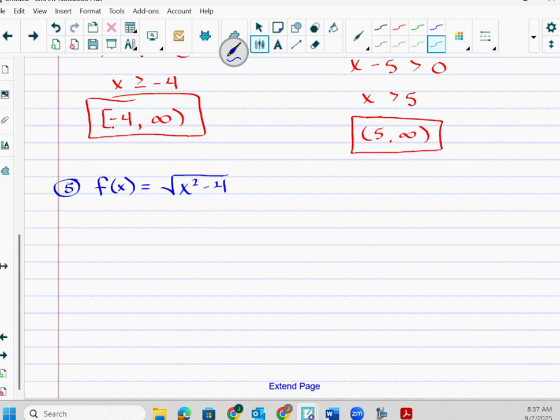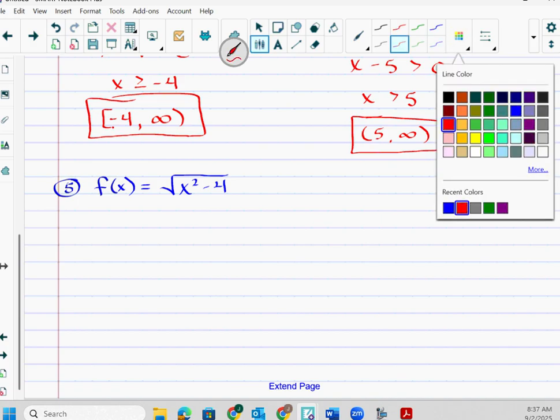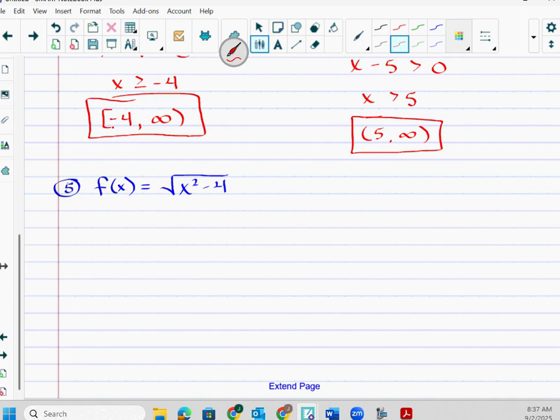So something you might be tempted to do, you see an x squared and you see a 4 and you're like, well, can't I just take the square root of both of those things? Like, it doesn't work that way. It only works if it was like x minus 2 quantity squared. You could take the square root of that, but you cannot take the square root of individual terms.